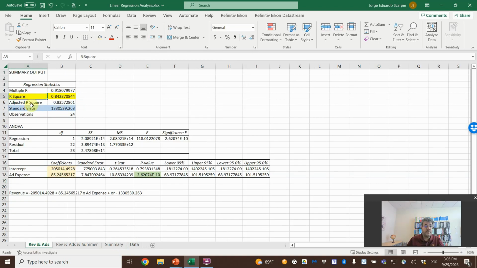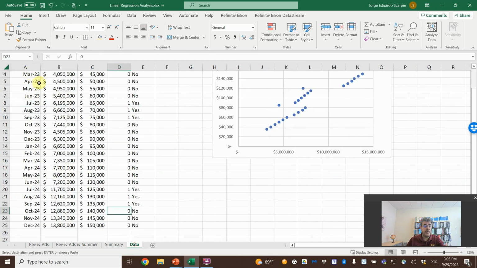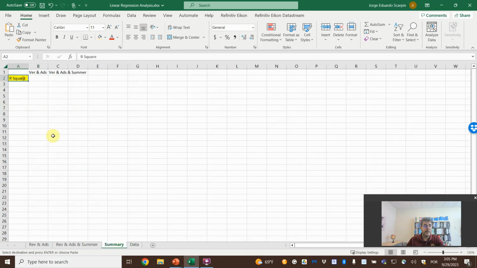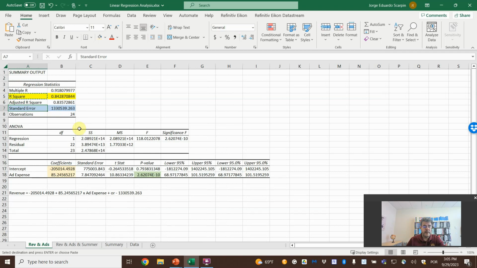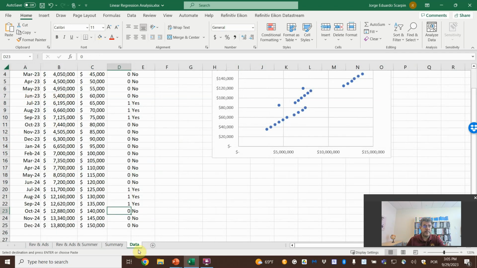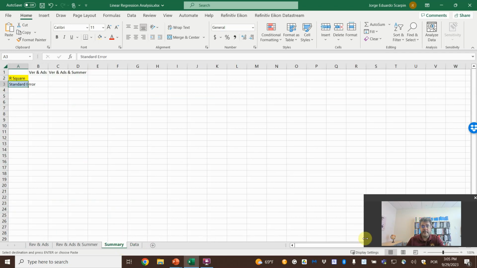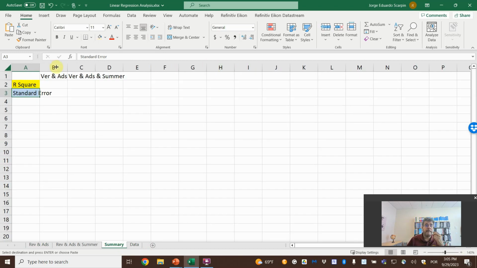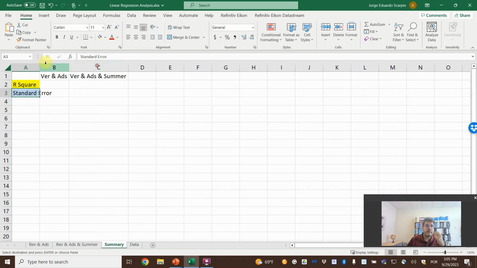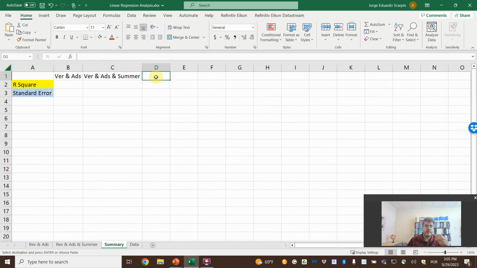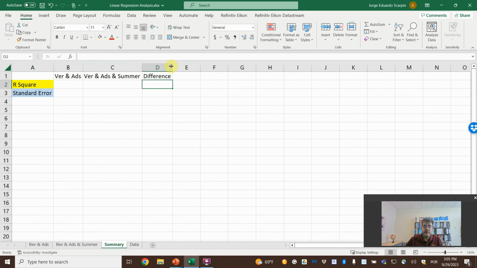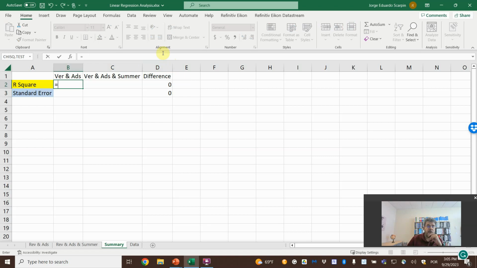So let's work with the R square and the standard error. And then we can compare both, and the difference. So here, probably the second model will be better.